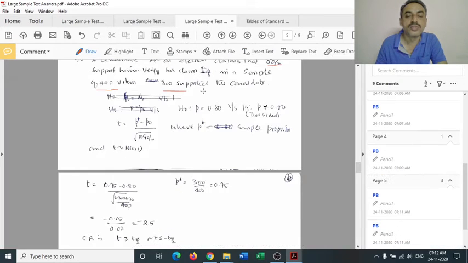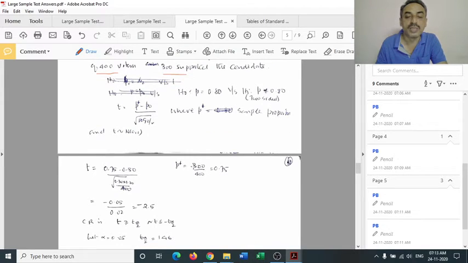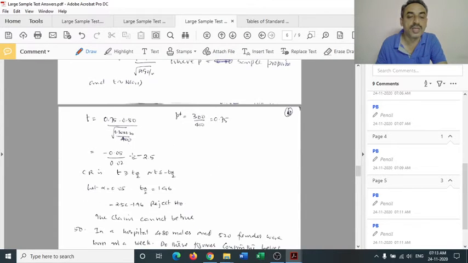P star is the sample proportion. With 300 supporters out of 400 voters, p star equals 300 by 400, that is 0.75. Substituting, we get minus 2.5.